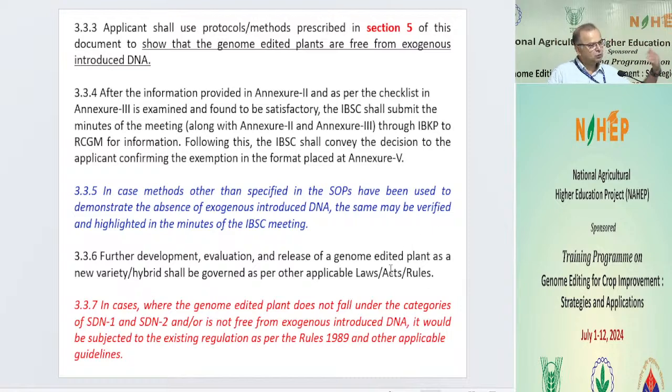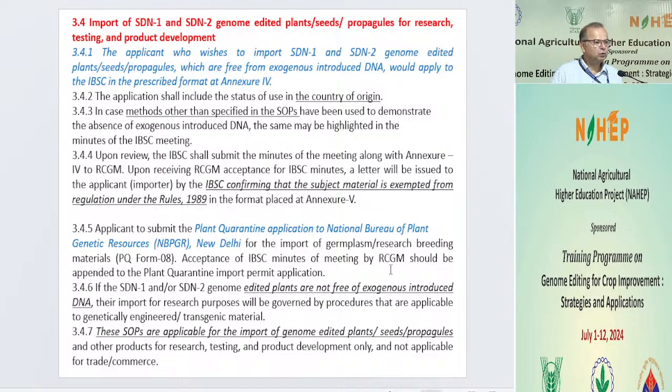So that also, permission will be coming through IBSC. So you have to give all details that such and such plant developed by such and such institution, I want to procure, I want to use it as one of the parents in making such and such crosses. All details have to be given to IBSC, and then it will be taken care of, or permission will be given.